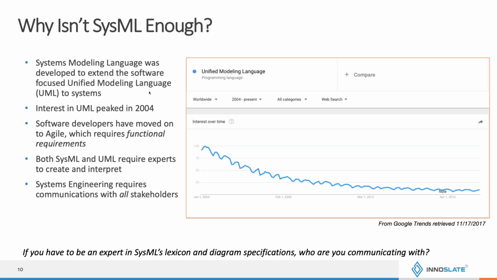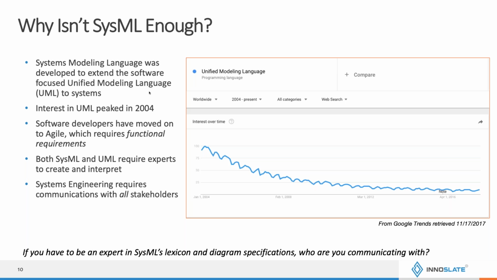I've certainly studied them a fair amount, and I just find it to be confusing. Maybe I know I'm only a PhD in nuclear physics, but I can't quite figure those out. Anyway, systems engineering really requires communication with all stakeholders.